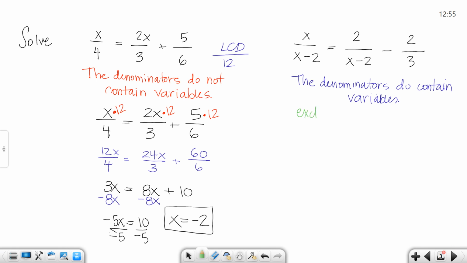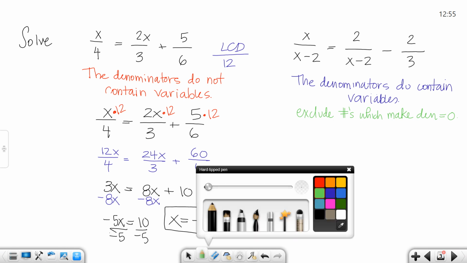Remember, exclude numbers which make the denominator equal 0. Now you didn't have to do that in the other one because 4 and 3 and 6 were all numbers. They couldn't be 0. But if you have a case where you have an x in the bottom, you have to do that exclude step.